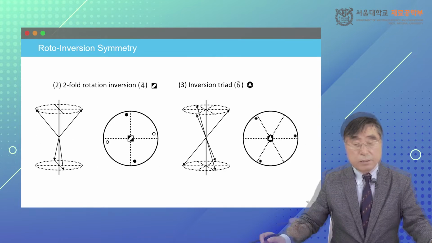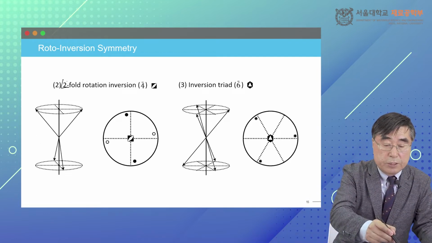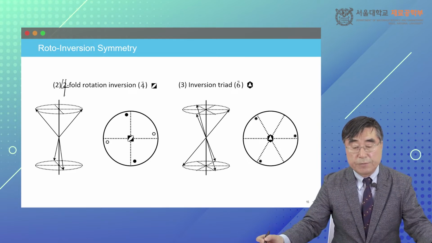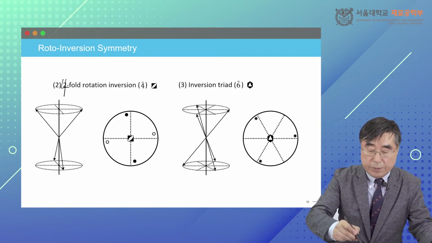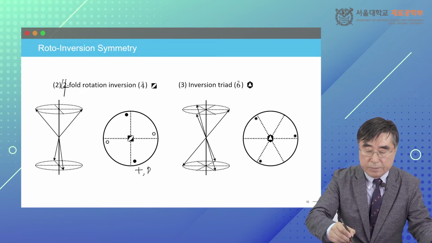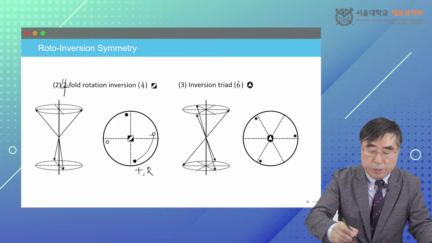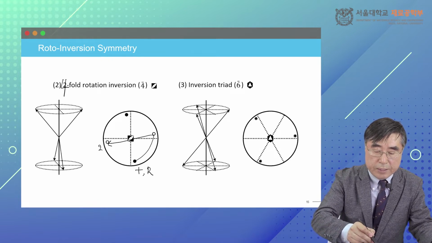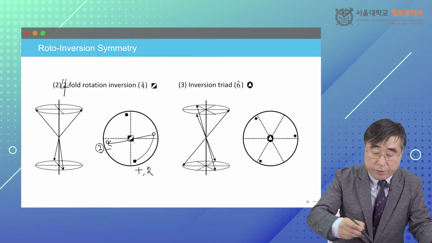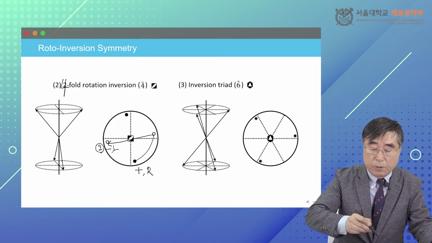Okay. Now, I'm sorry, so this is 4-fold rotation inversion. Okay. So if I have one pole on the upper pole, right hand, follow me, 90 degree rotation inversion. This is the second pole generated. That's down pole because it's inverted, and this is left hand.